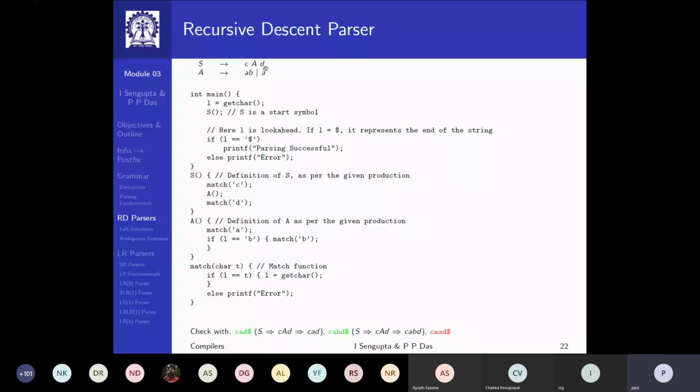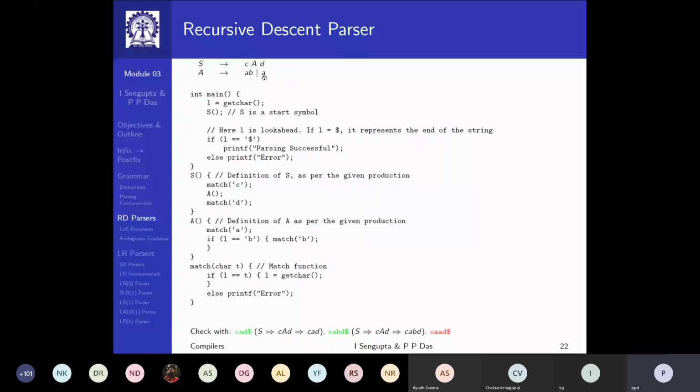So you can see that this is a very simple grammar, which actually can produce only two sentences, because as I start, there is no choice in the leftmost derivation to use anything other than this first production rule. So I get cAd. And then once I have got that, I have to replace A. I have two choices, either ab or a.